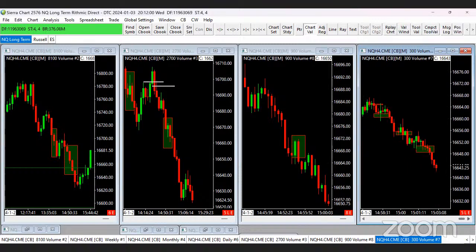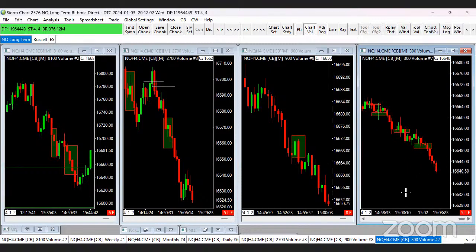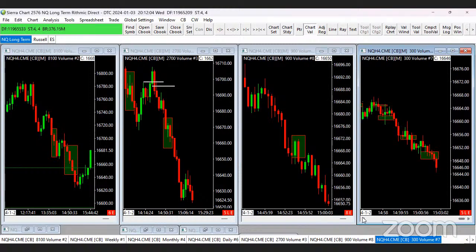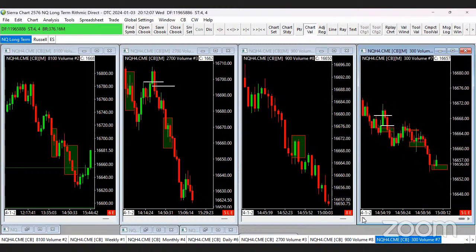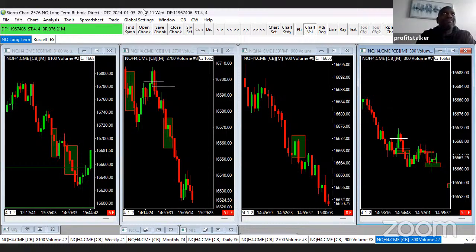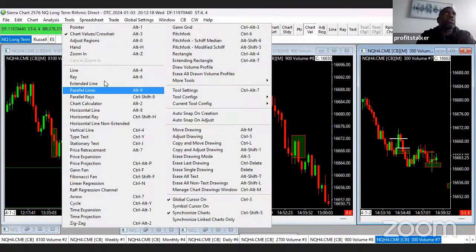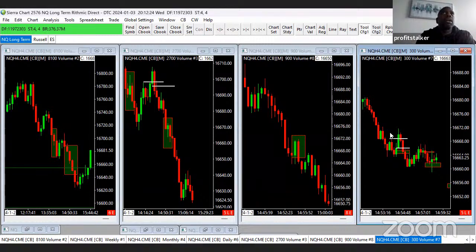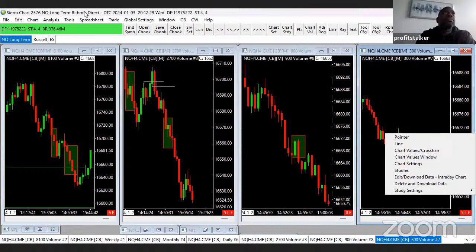Can anybody point out the ABC pattern again for me? You know how you label it? So here's your ABC pattern. Hold on, let me go to tools, type text.